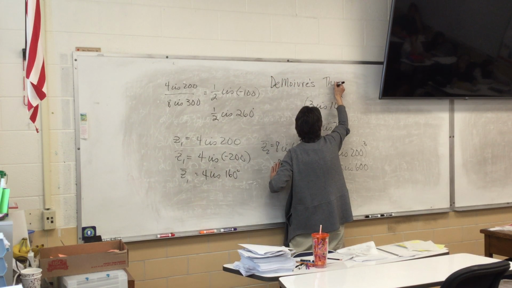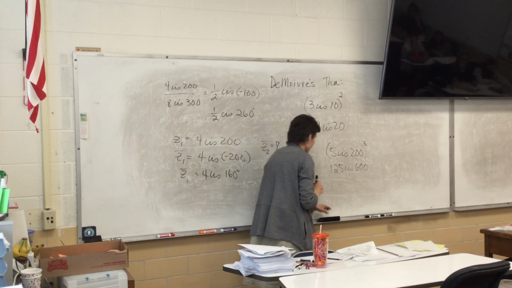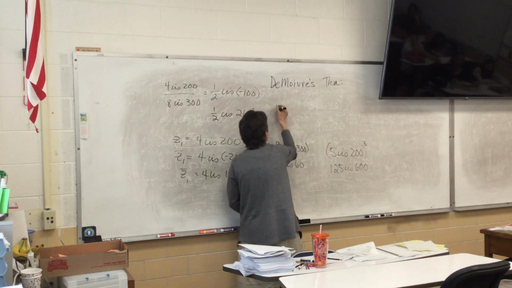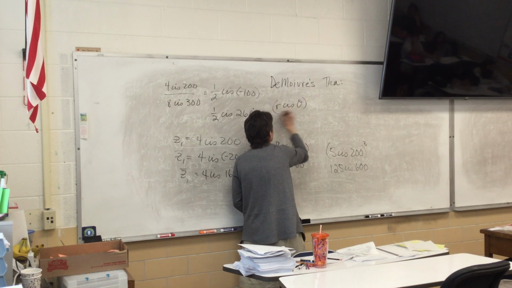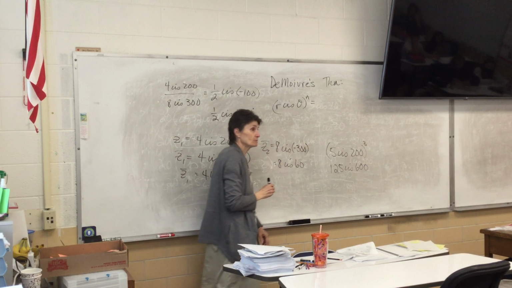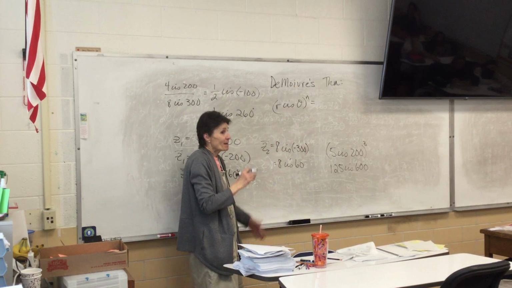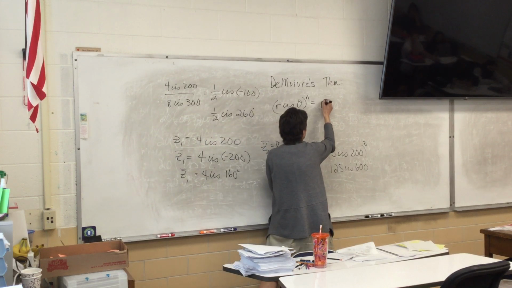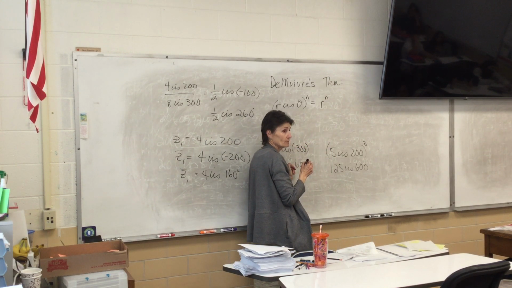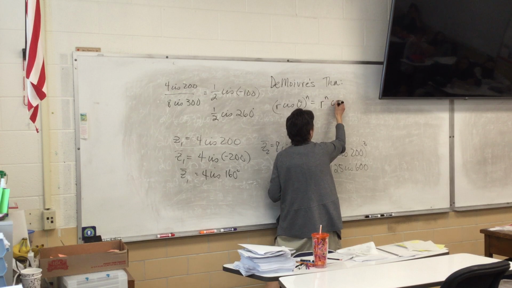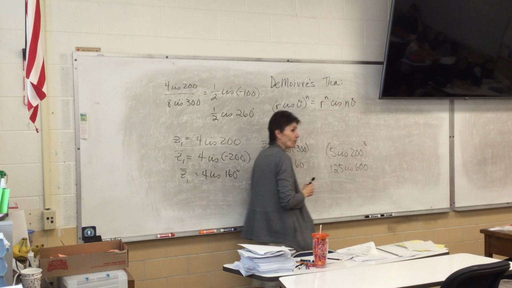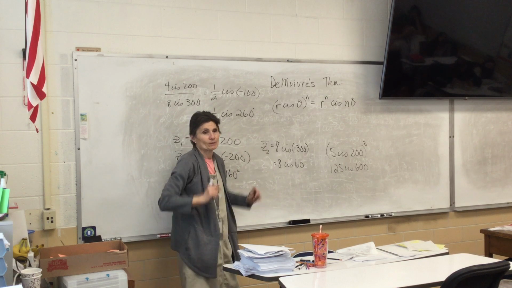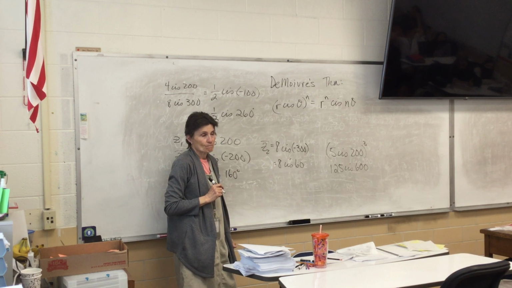And de Moivre's theorem says that when you raise a number in polar form to a power, basically all you do is take the radius to that power and then multiply the angle times the power. You just discovered that on your own.